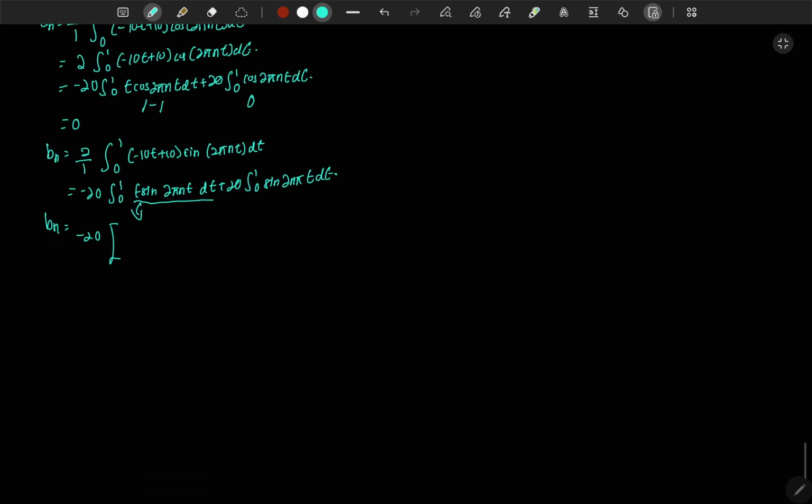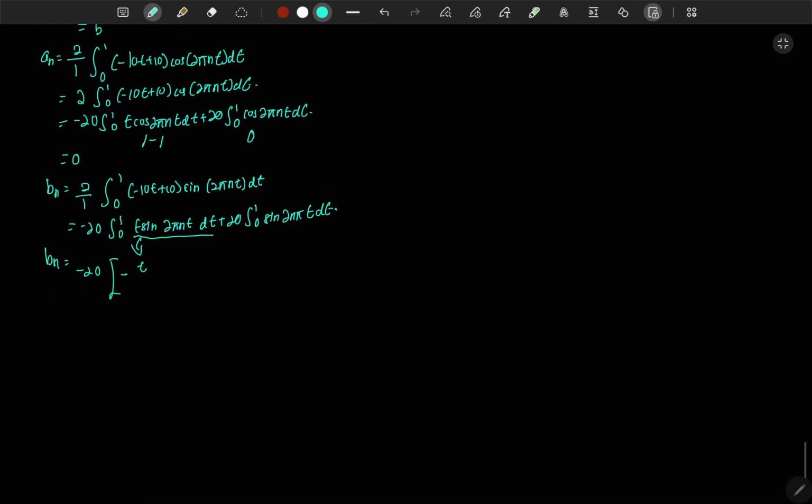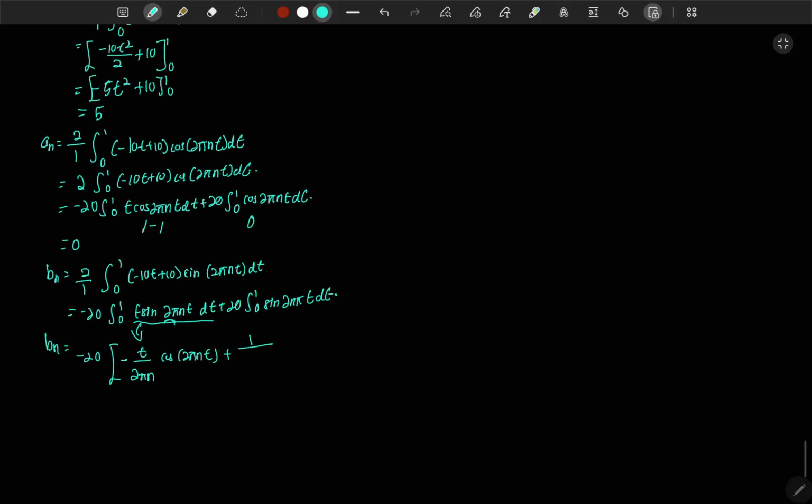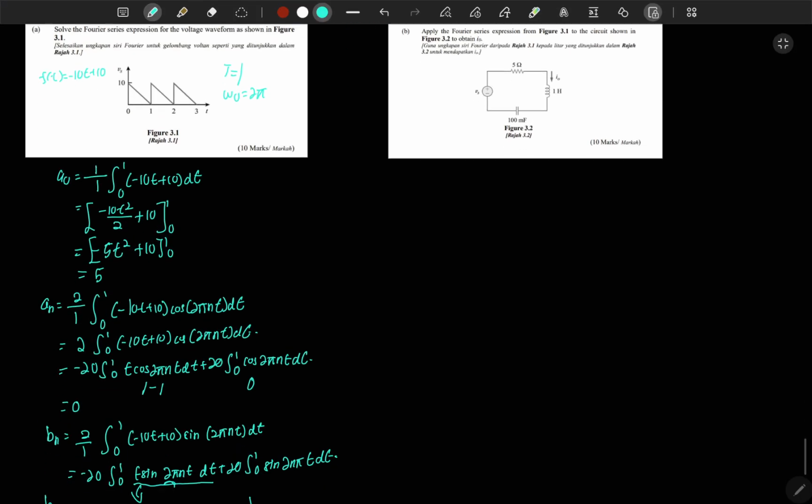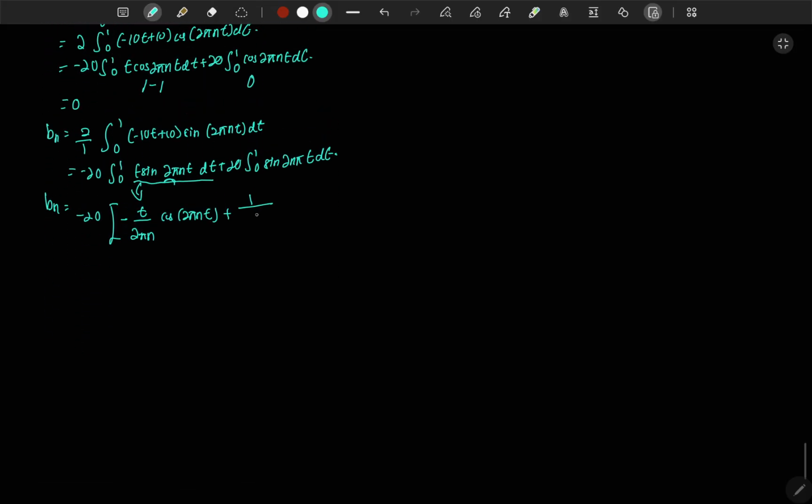So we're just going to copy the numerics, so negative t over n w0, and our w0 is 2 pi, so it's going to be 2 pi n, times cos 2 pi nt, plus 1 over, and we notice that here we are doing the square, so if we square 2 pi n it would become 4 pi squared n squared, times sine 2 pi nt, so 1 to 0.